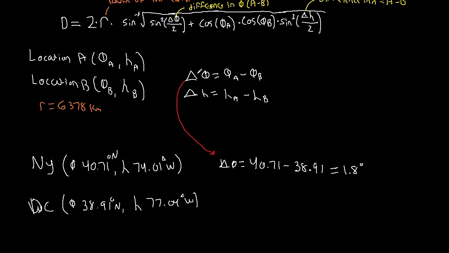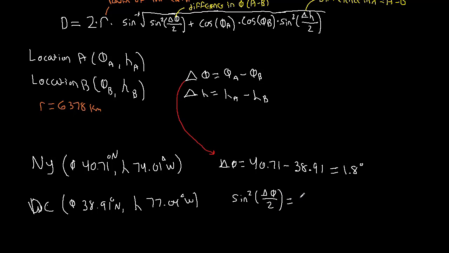Right, so our delta phi is 1.8 degrees. So let's go ahead and work on this part here, the sine squared delta phi over 2.